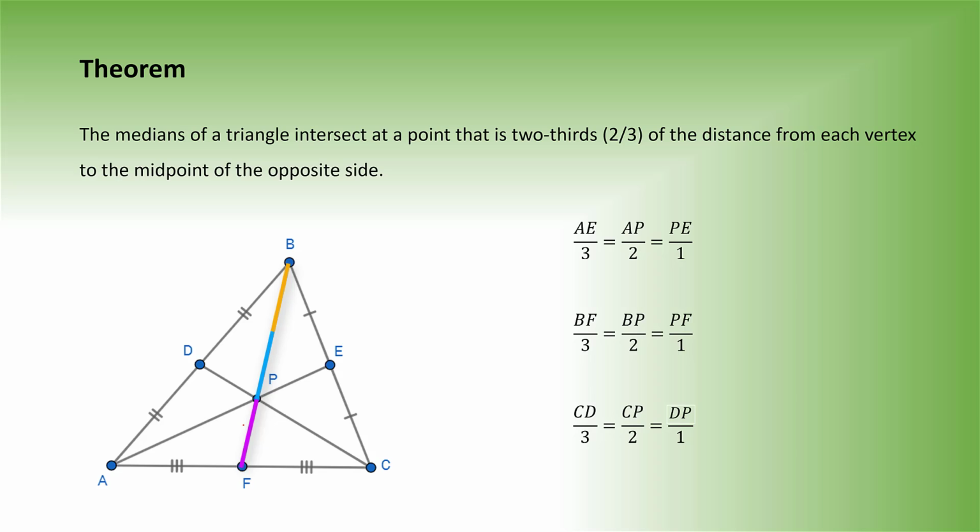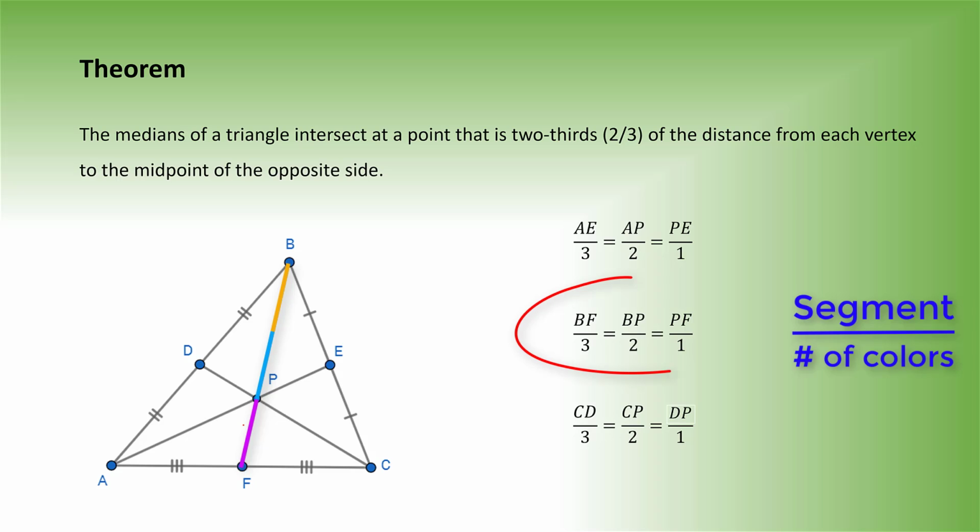So anytime we want to solve this, we're just going to take the expression and divide by how many colors. If we look at this middle relationship on the screen, we can see BF divided by 3. Well, that's the segment BF, and we're going to divide by how many colors? 1, 2, 3, orange, blue, and pink.